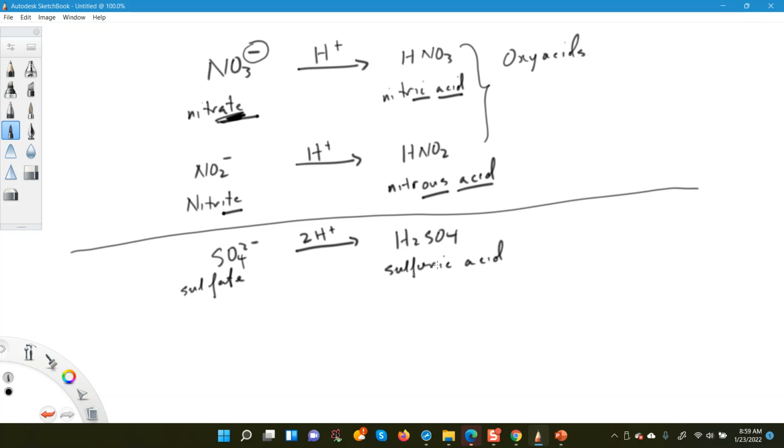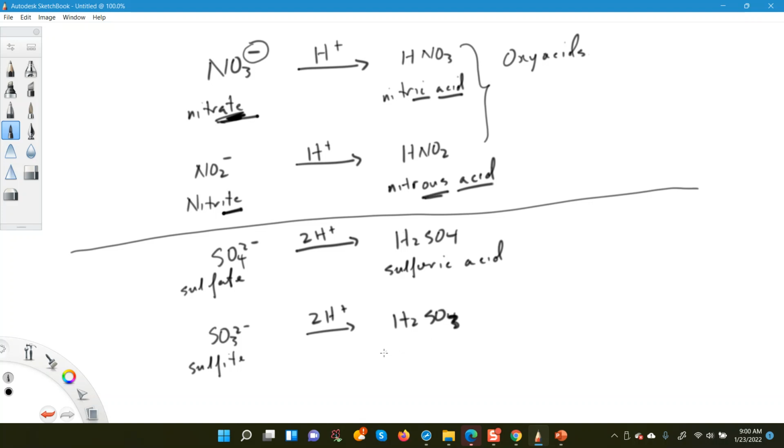All right. And then in the case of SO3 2 minus, for which the name is sulfite, to get to the corresponding acid, again, we add two hydrogen ions to get H2SO3. I'm sorry, SO3, not 4. Therefore the name of this acid, according to the IUPAC rule, is that ITE is replaced by OUS acid.